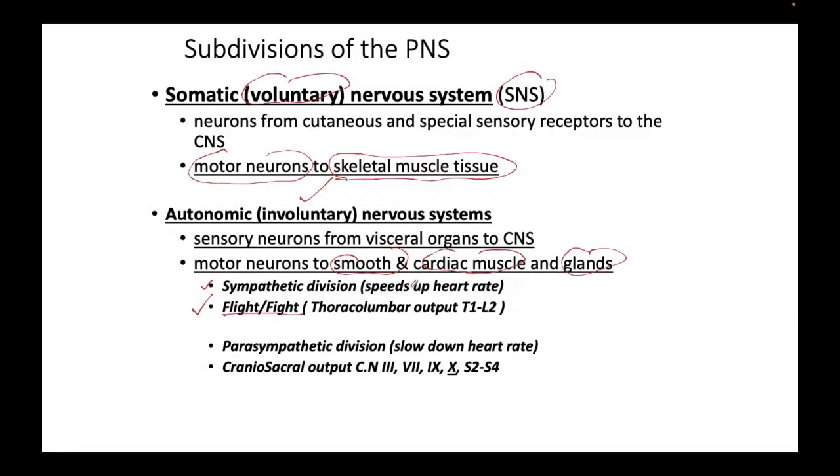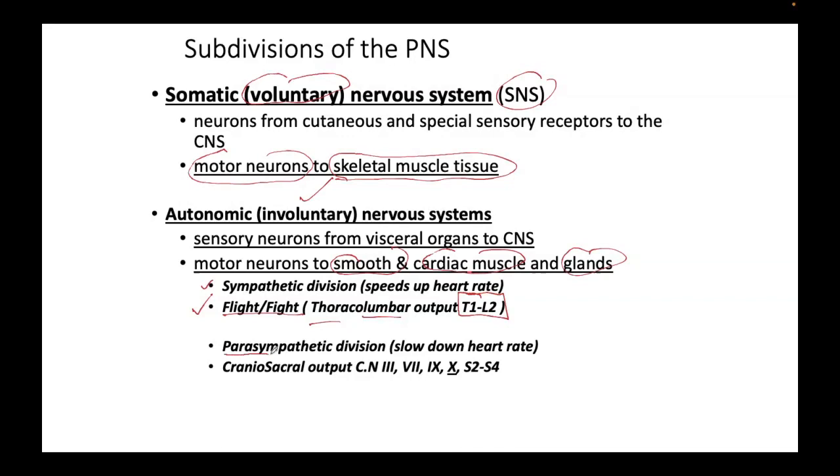The region of the spinal cord that you'll find your sympathetics is from T1 to L2. Because it's T1 to L2, it's called the thoracolumbar output, or thoracolumbar outflow.